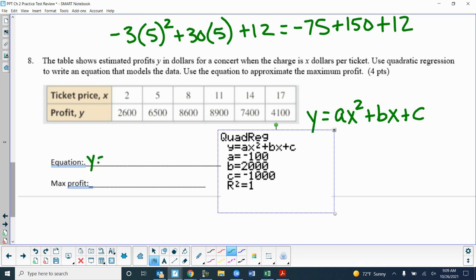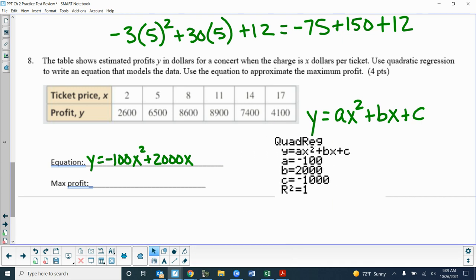So y equals negative 100 x squared plus 2,000 x minus 1,000. So there's our equation. Any questions on that?